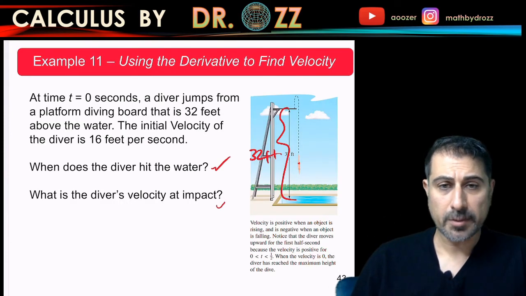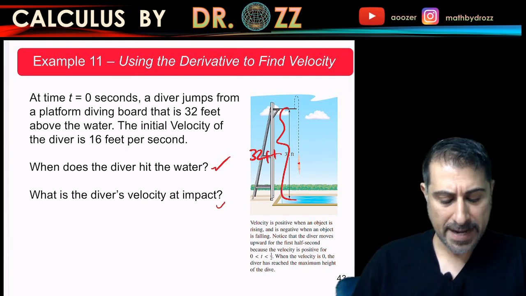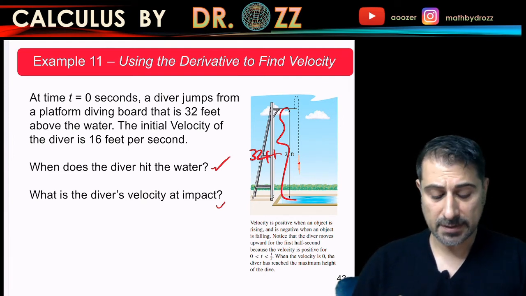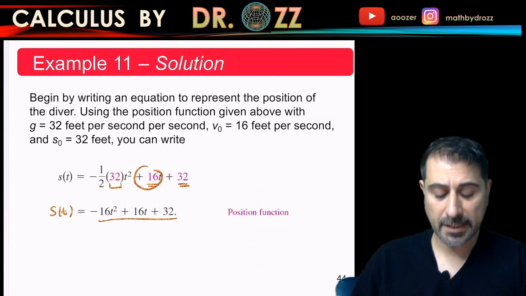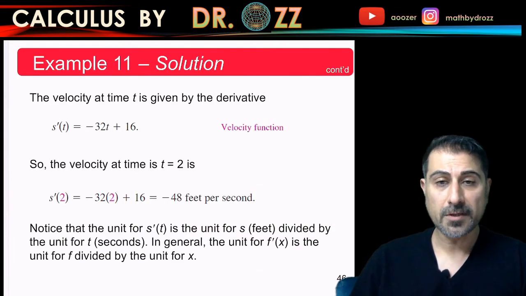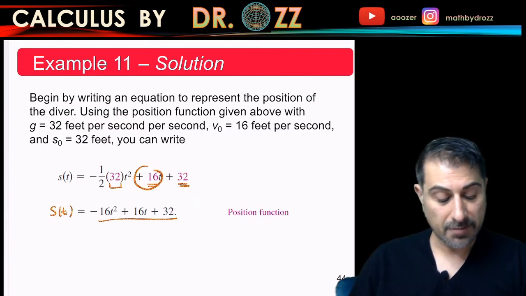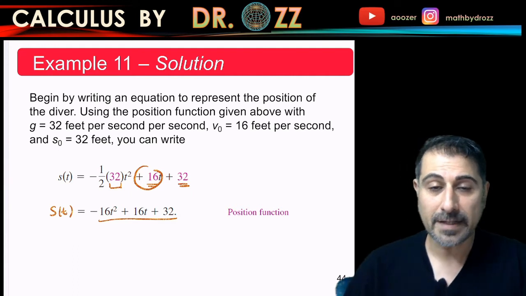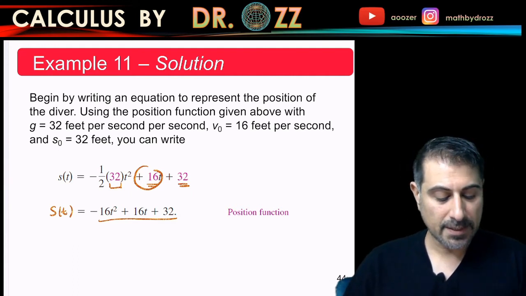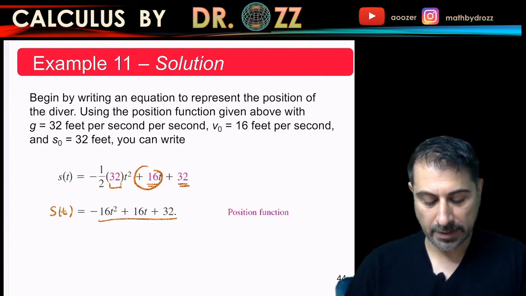The second part of the question is asking, what is the diver's velocity at impact? All we need is the velocity as a function. We're given s of t, so we're going to take the derivative of this function using all the rules that we learned in this section, in fact in the first 2 videos: constant multiple rule, power rule, and everything.